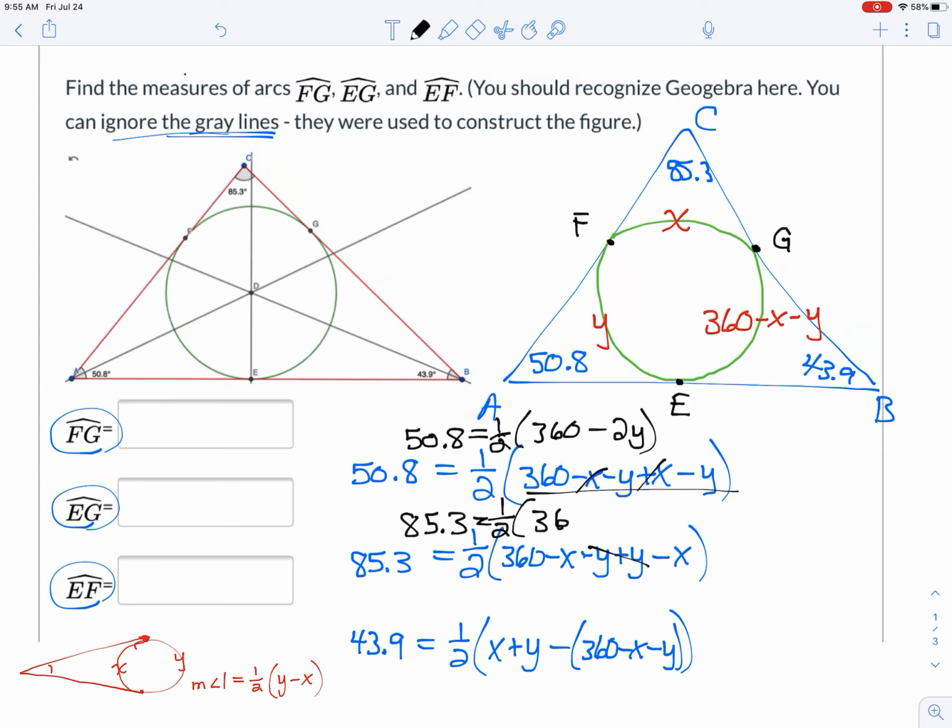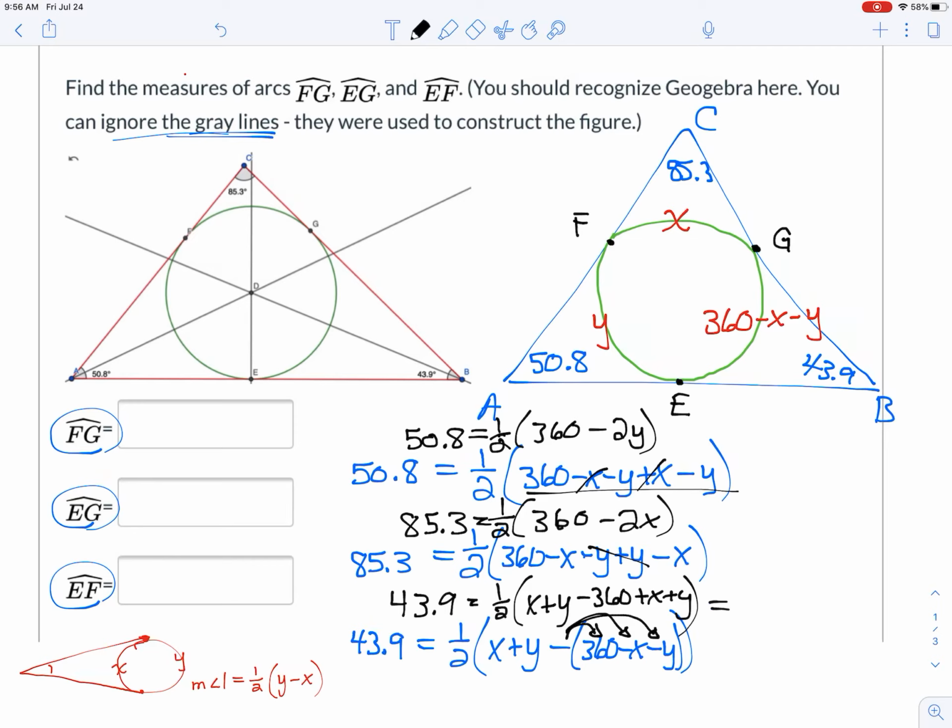The y's cancel in this case. 360 minus 2x. Last equation, 43.9 equals 1/2 of x plus y. Distribute the negative sign to all terms in that expression. Minus 360 plus x plus y.